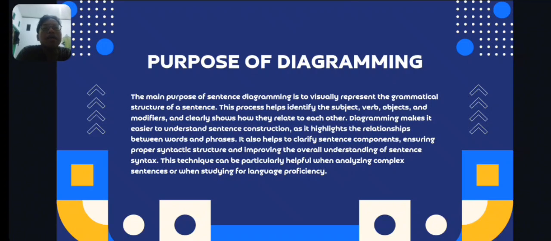Diagramming makes it easier to understand sentence construction as it highlights the relationship between words and phrases. It also helps to clarify sentence components, ensuring proper syntactic structure and improving the overall understanding of sentence syntax. This technique can be particularly helpful when analyzing complex sentences or when studying for language proficiency.